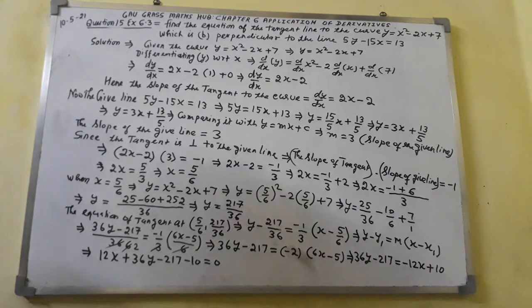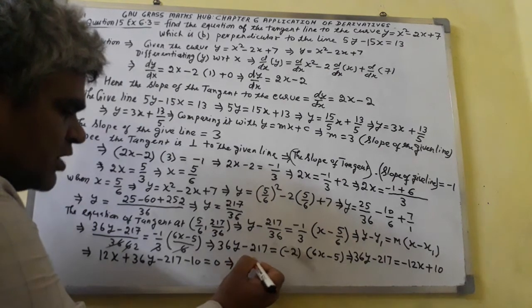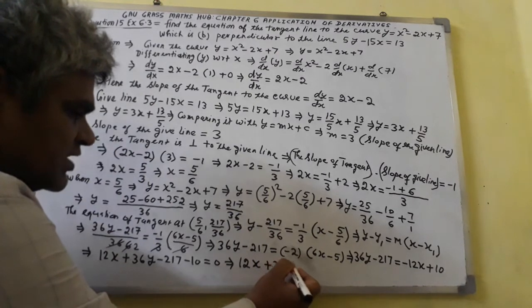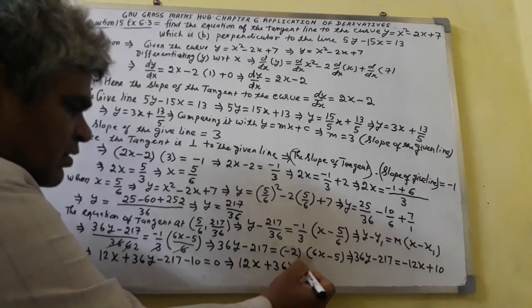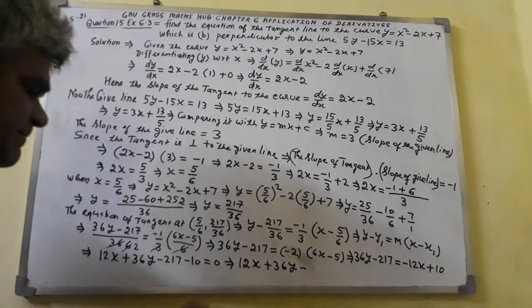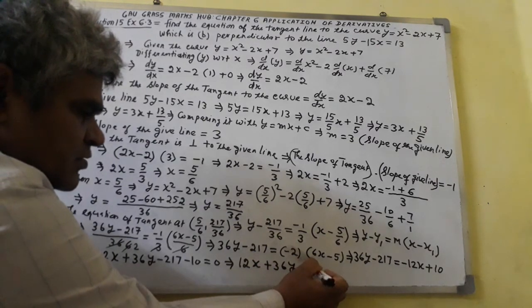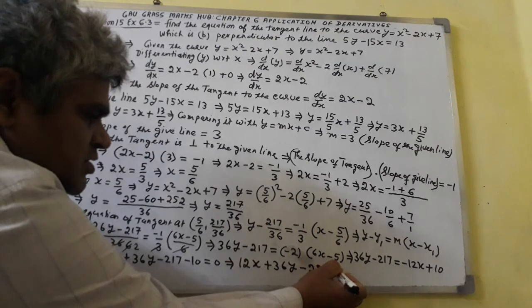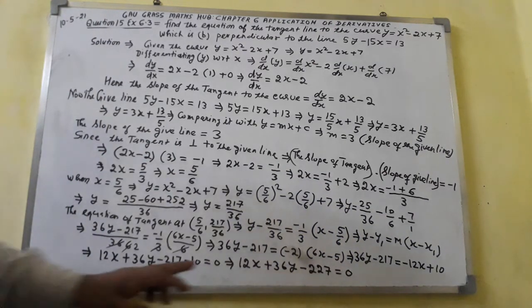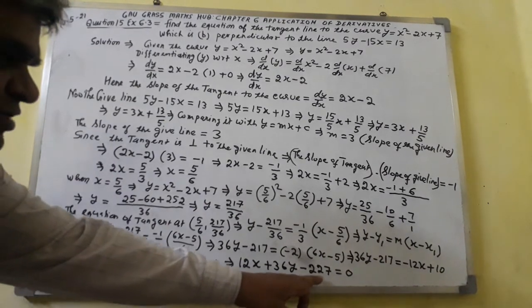Now again I shall write, implied that 12x plus 36y minus 227 equal to 0. 12x plus 36y minus 227 equal to 0.